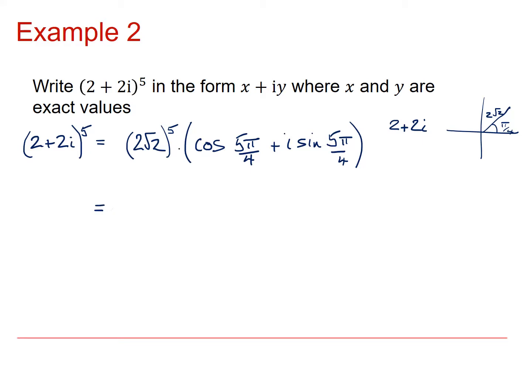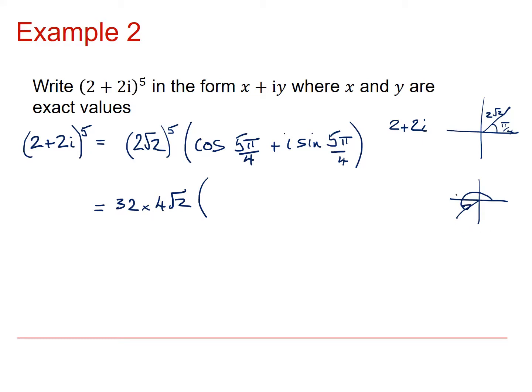Well, that's going to give me 2 to the 5 is 32. Root 2 to the power 5 is going to give me 4 root 2. And then from these, again, just think about a sketch of your Argand diagram. 5 pi by 4 is going to be there, third quadrant.